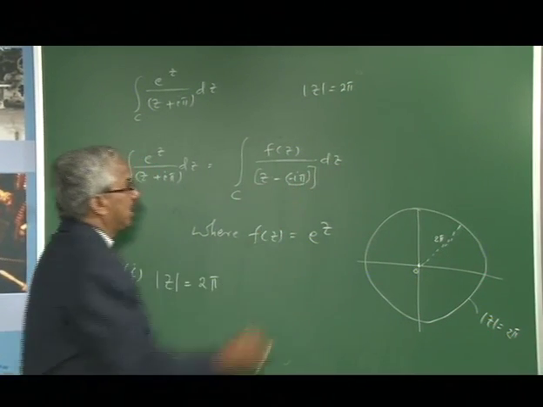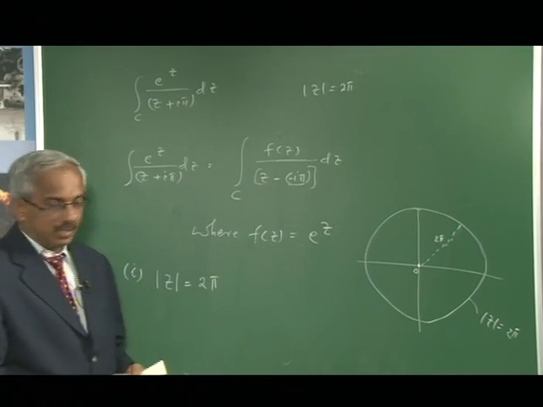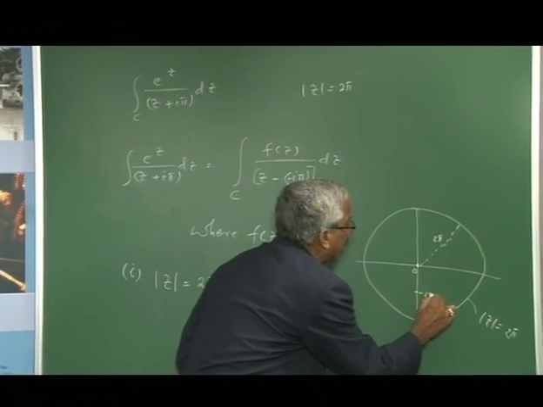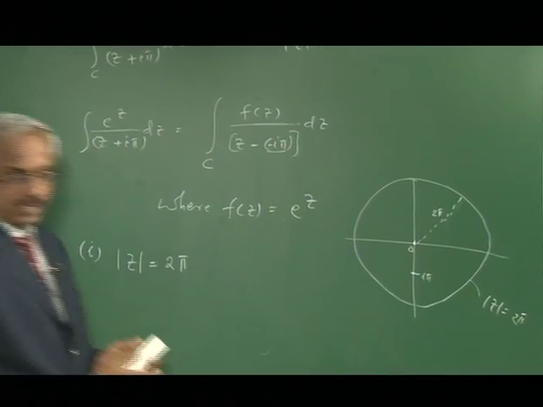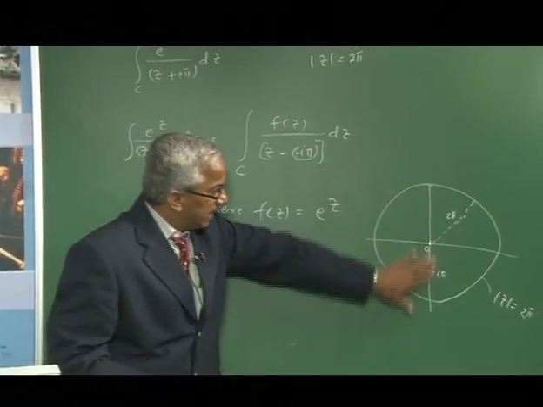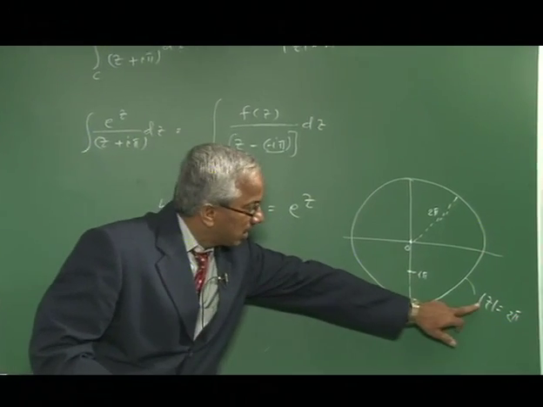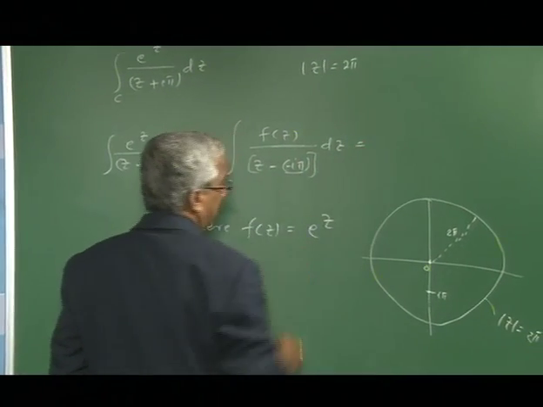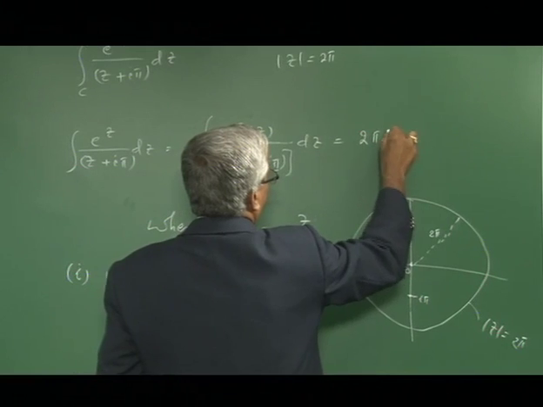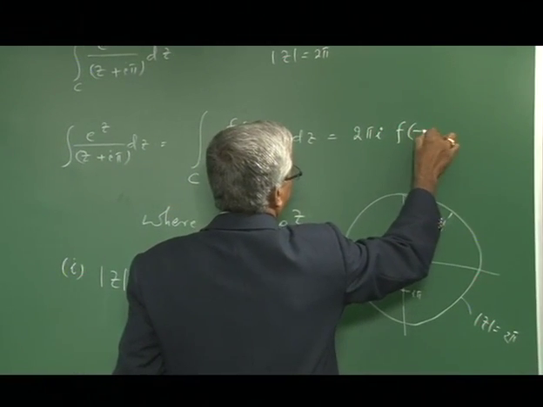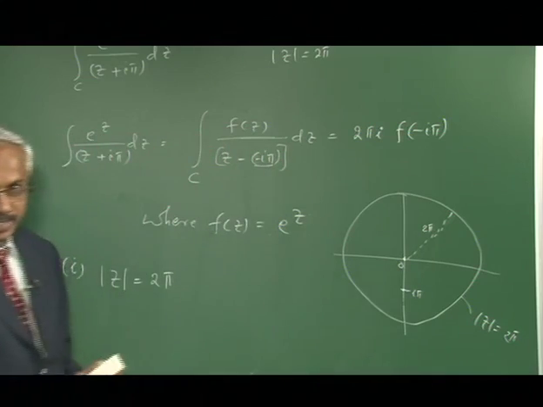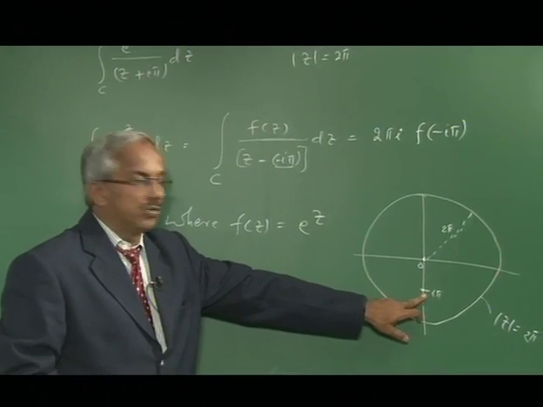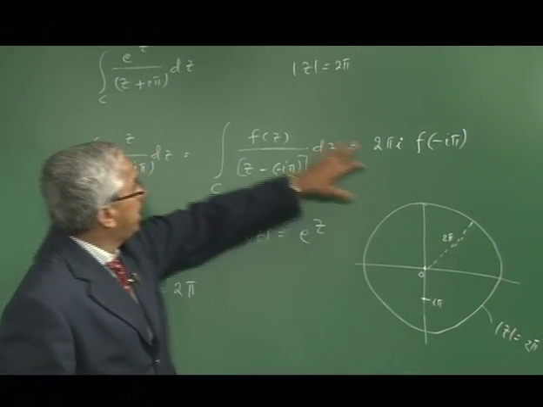But for the ratio function e power z divided by z minus of minus i pi, minus i pi is a point. Observe that minus i pi lies inside the circle mod z is equal to 2 pi. So therefore this results in 2 pi i into f of minus i pi, because minus i pi lies inside the circle, so I use Cauchy's integral formula to evaluate this integral.